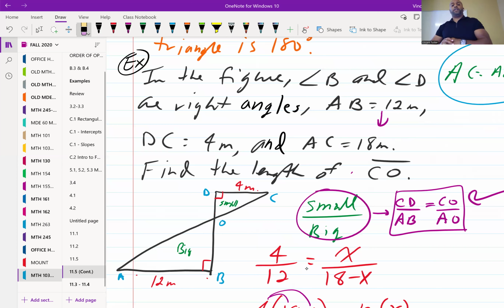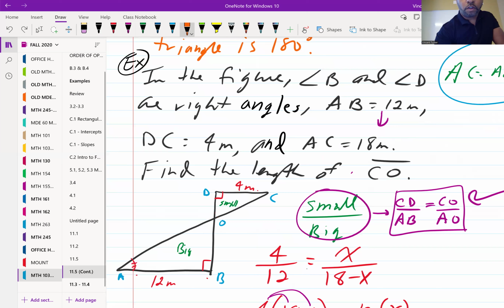All right, so let's see how we can solve this question. First of all, we want to see, do we have similar triangles? We know that angles B and D are equal because they're right angles. So we have one angle that's equal. And these two angles are equal because we have intersecting lines, which create vertical angles.